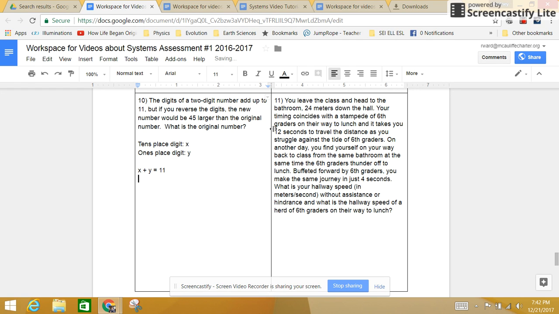And we also know that if we reverse the digits, the new number would be 45 larger than the original number. So we're going to have some sort of subtraction problem that equals 45.